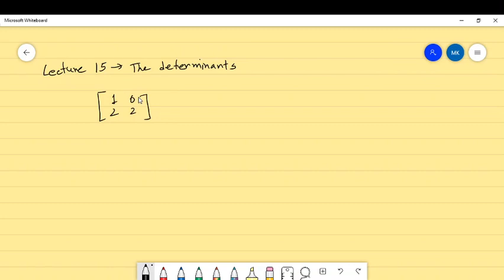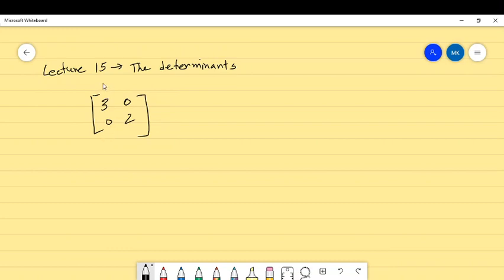For example, let's take an easier example. Say you have a matrix like this: 3 0 0 2.